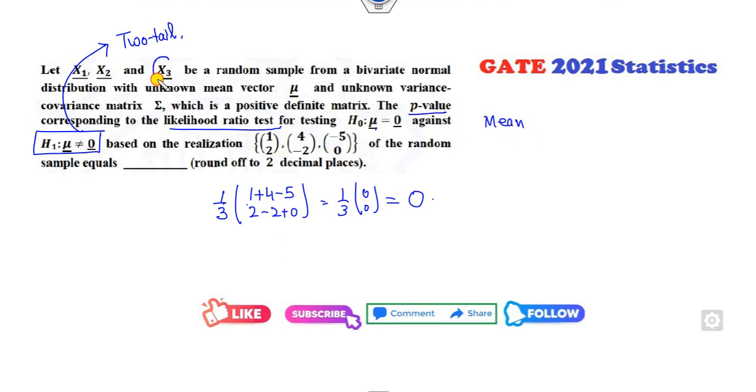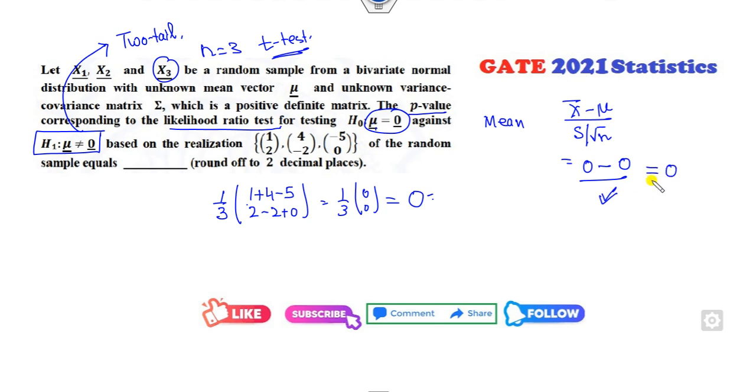Sample size is 3, so it's a t-test. X bar minus mu divided by s by root n. X bar is 0, mu under H naught is 0, so the numerator is 0. Again it's a two tail, so I can write t is greater than 0. Since it's a modulus sign, it will be both portions. So the right answer is 1.